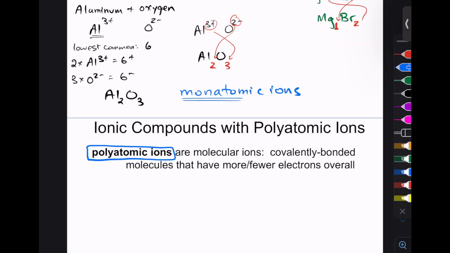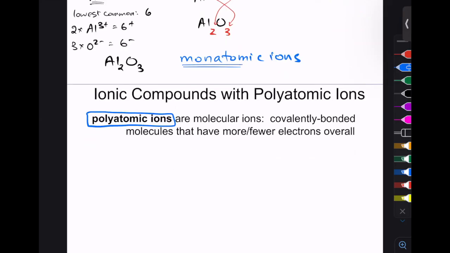And you're going to learn soon enough in this chapter that molecules are covalently bonded atoms to make a compound. So when you have a polyatomic ion, it's simply a molecule consisting of many atoms, but overall, for it to be stable in nature, it has too many or too few electrons relative to the protons that it has collectively in all of those atoms, right? But it's the same thing. It's just on a slightly larger scale. And we're going to treat them the same way.